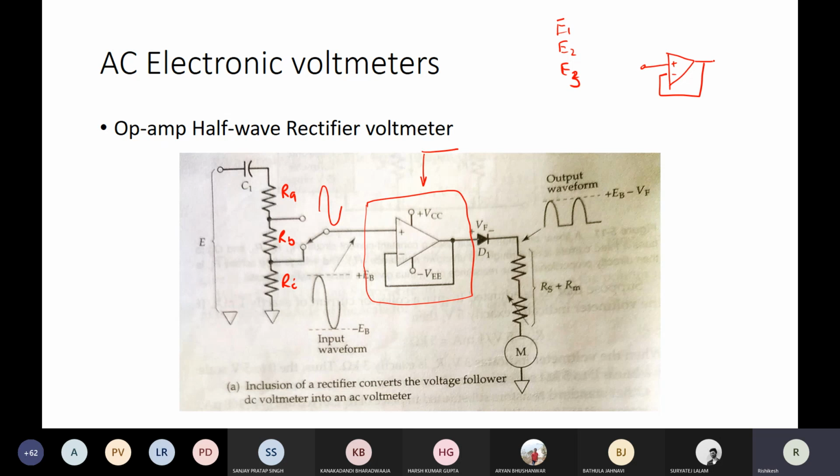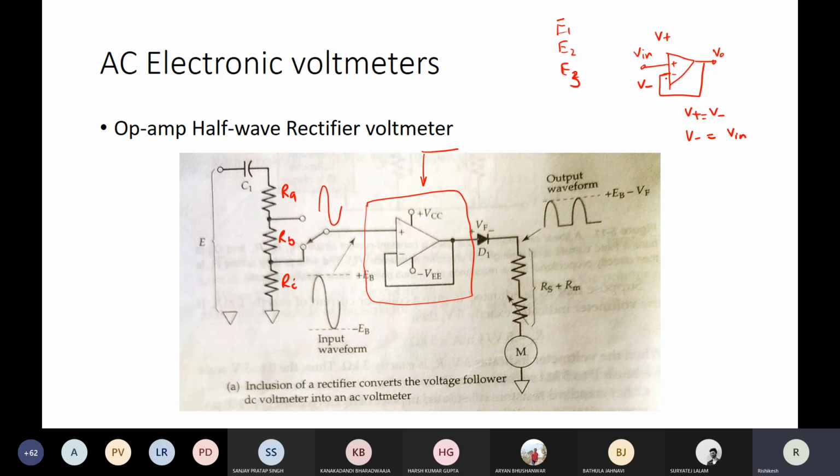First tell me what will appear here. We know that V plus is equal to V minus, right? But what is V minus? V in.